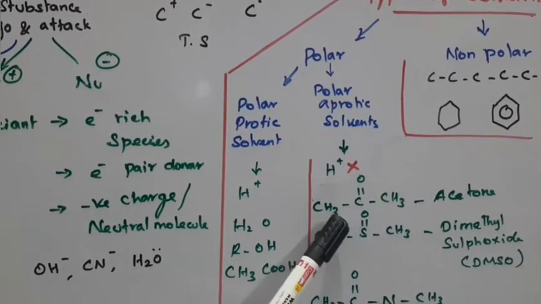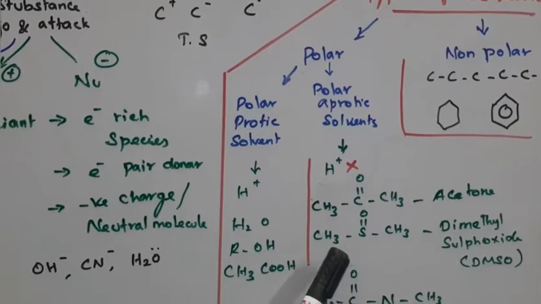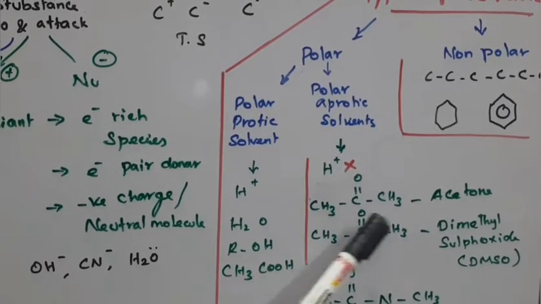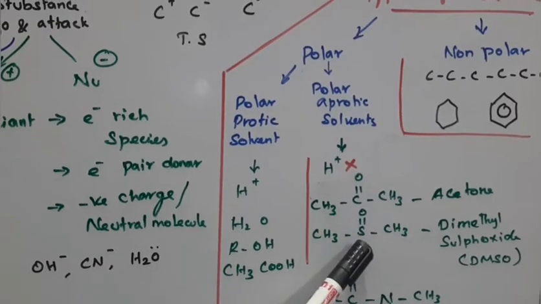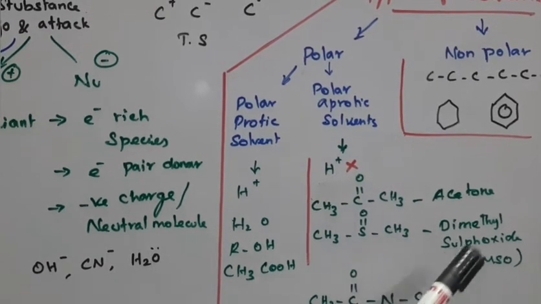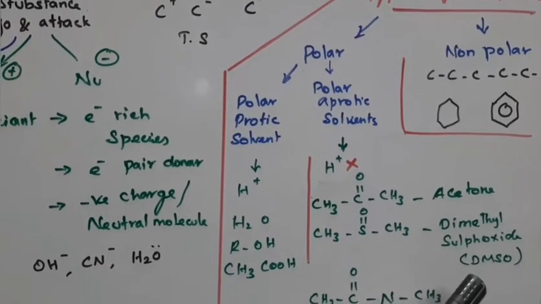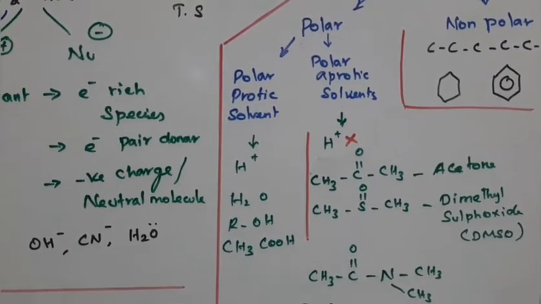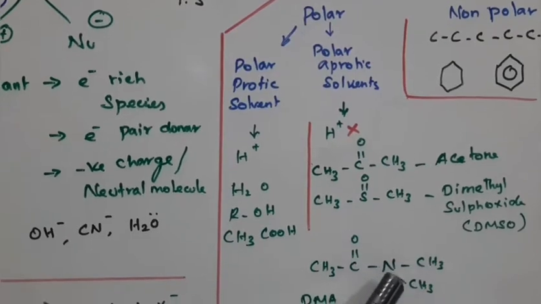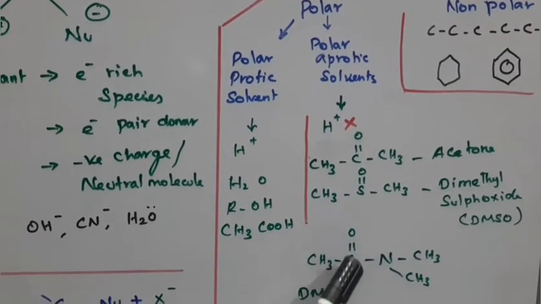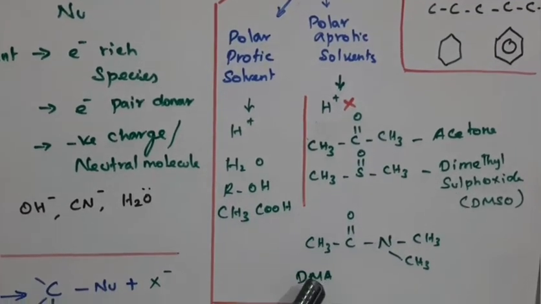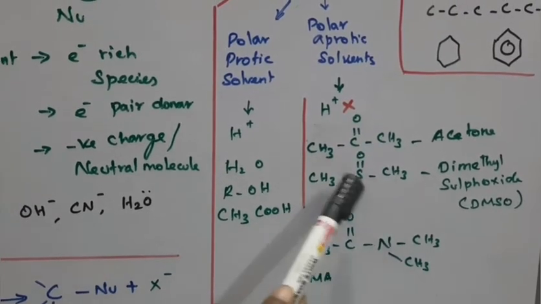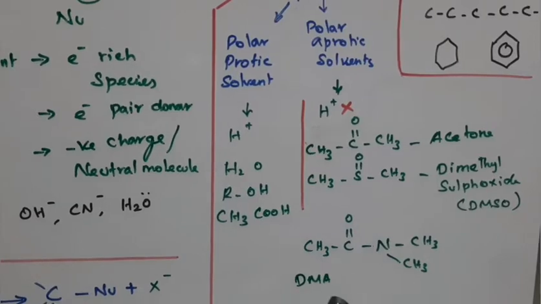For example, acetone has a C double bond O; instead of it we can have S double bond O with the two methyl groups, which is dimethyl sulfoxide, simply DMSO. Similarly there is dimethylacetamide with N, C double bond O, CH3. These are the kinds of aprotic solvents.